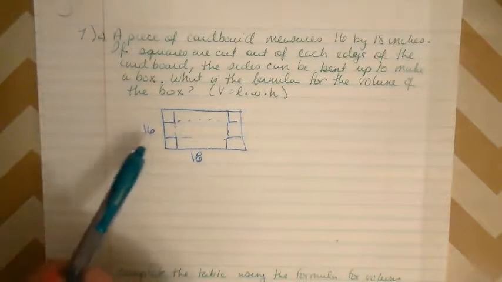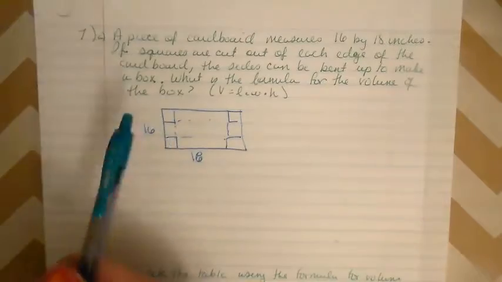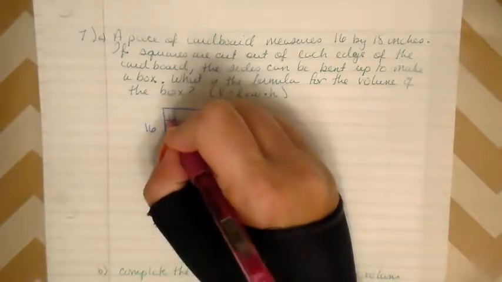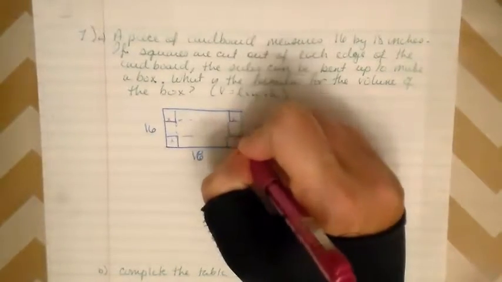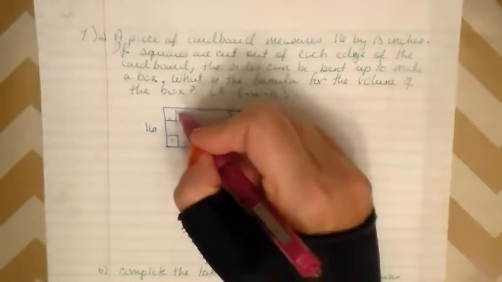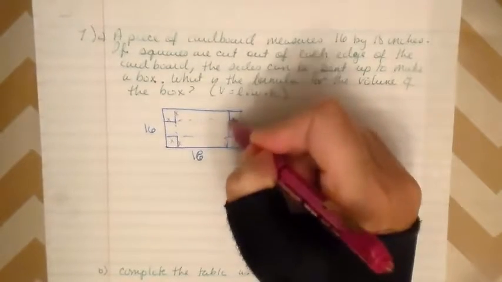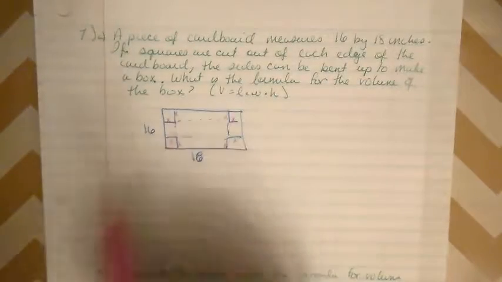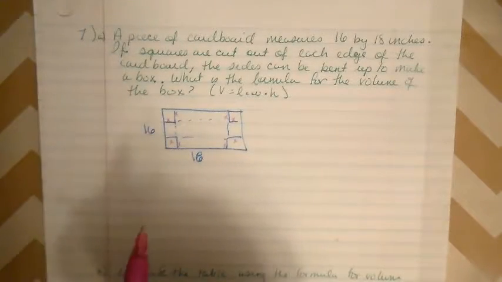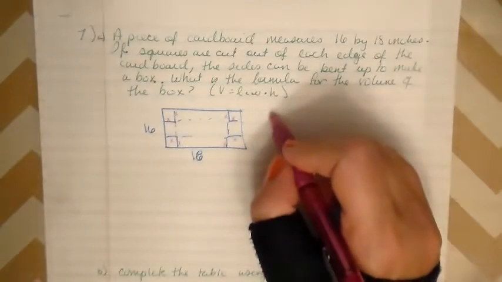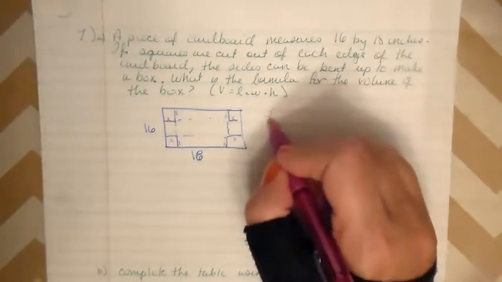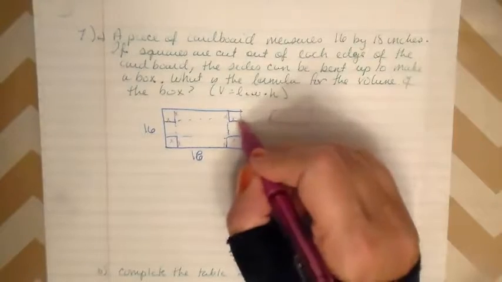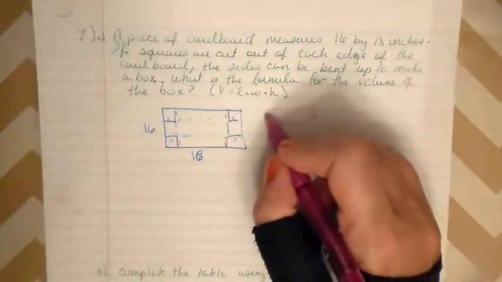Now, I don't know how much I'm cutting out, so I'm going to call that x. And they're squares, so both the length and the width of those squares would be x. If I brought this box up to the sides, the fold would be x, the height.